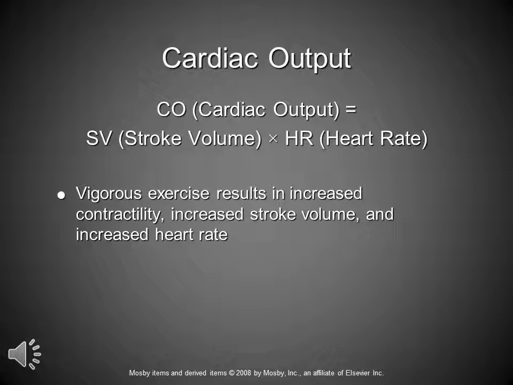So if the stroke volume was, say, 50 mLs and the heart rate was, say, 100 beats per minute, then our cardiac output would be 50 times 100, or 5,000 mLs per minute.